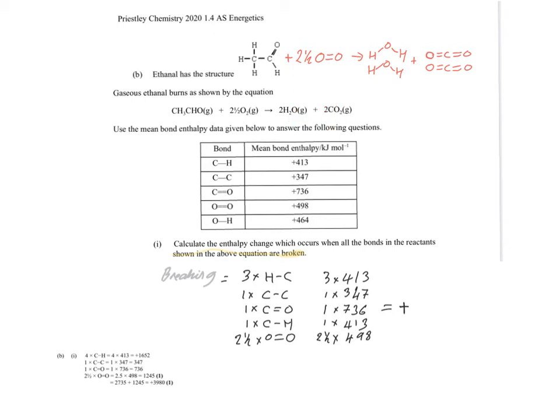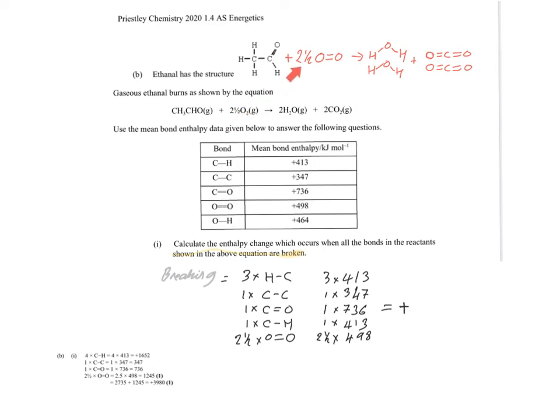water. The very first thing it's really important to do whenever you've been given mean bond enthalpy data is to draw out the structure of everything in the reactants and everything in the products, showing clearly each individual bond. So they started doing this for you, and then underneath they gave you the balanced equation.